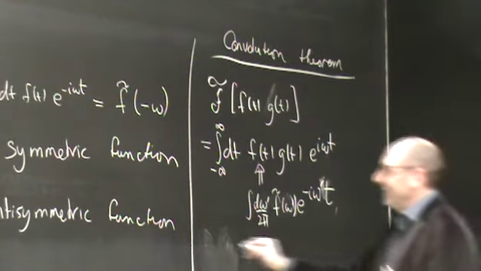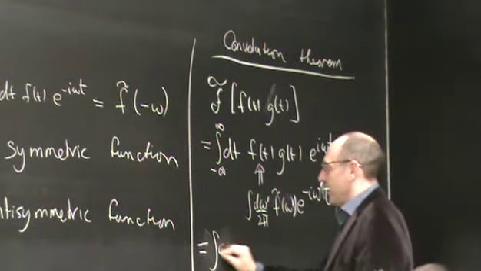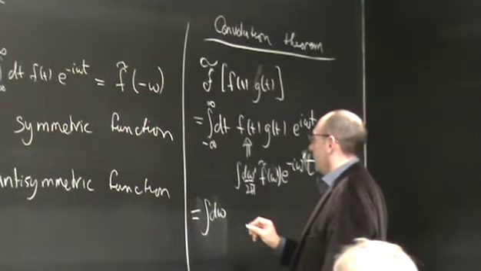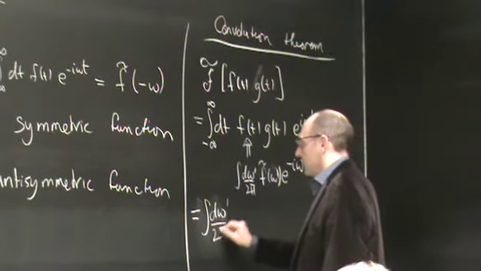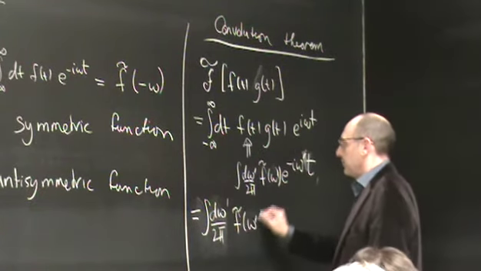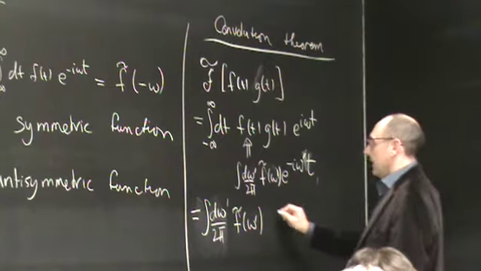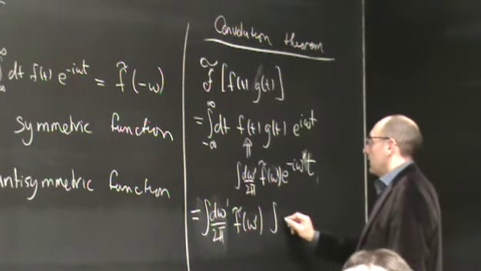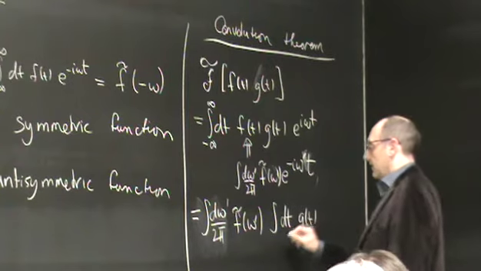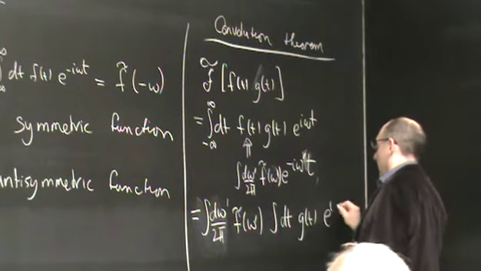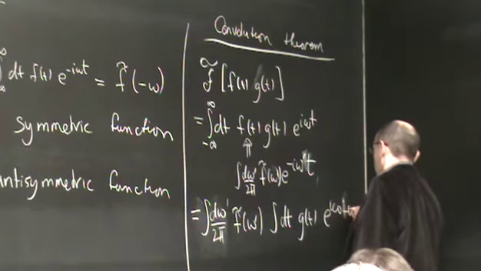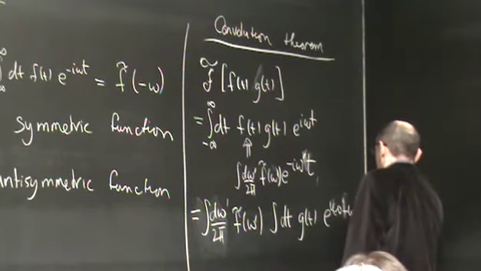Okay, so now that's good, because now I can write that as the integral d omega prime f tilde of omega prime, the integral dt g of t e to the i omega minus omega prime t.